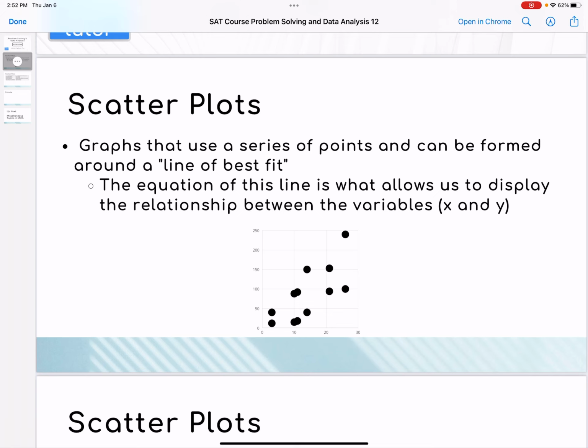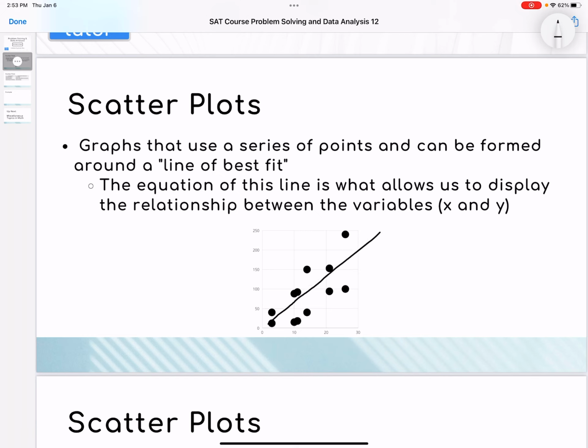So the equation of this line is what allows us to display the relationship between the variables, x and y. The kind of scatter plot that we see tells us a lot about the actual equation of the line of best fit of that graph. So here is a scatter plot. If we were to draw a line of best fit, it would probably look something like this.